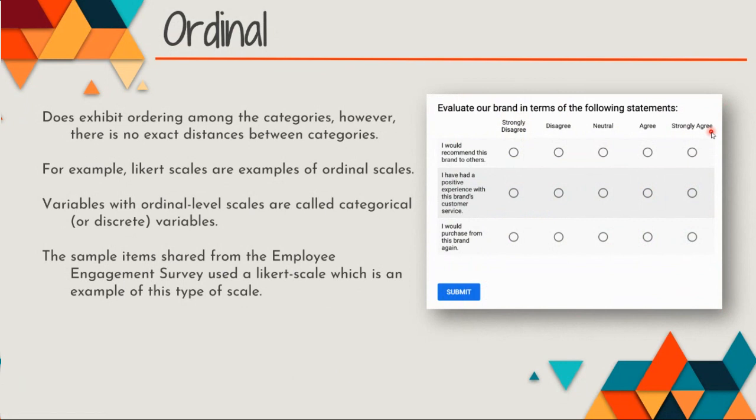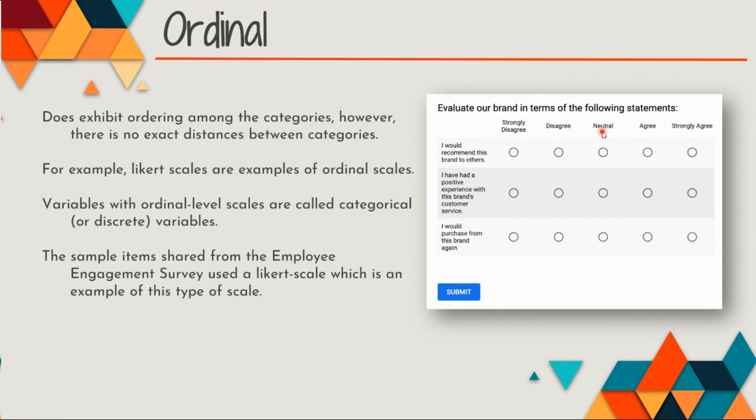But we don't really know how much the distance is, per se, between strongly disagree and disagree. We know that strongly disagree is a less favorable answer choice, but we don't really know, in a quantifiable way, how far a strongly disagree answer option is compared to disagree, or even a strongly disagree option compared to neutral.